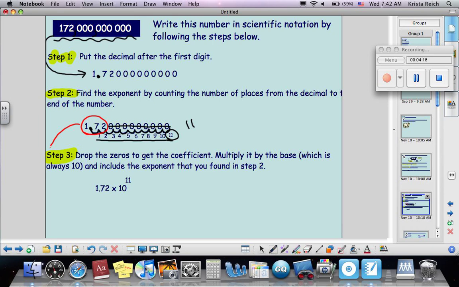That becomes our coefficient. We are always multiplying by base 10. Remember, these two things stay the same. And our exponent is the number of times it took us to get to the end of the number. So that is our exponent, and that is how you find scientific notation.